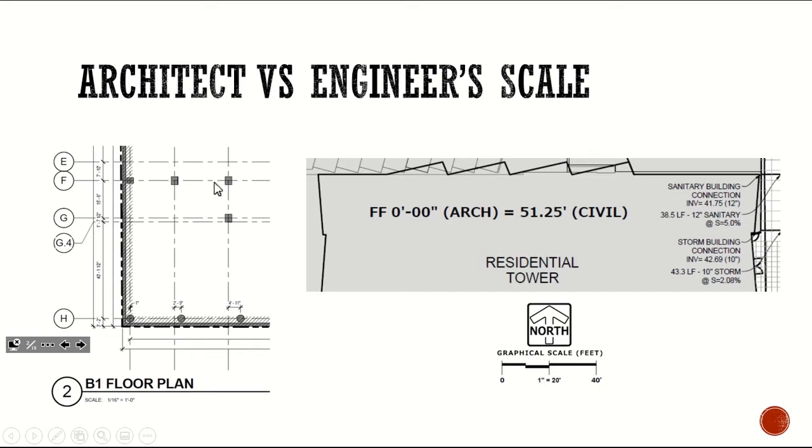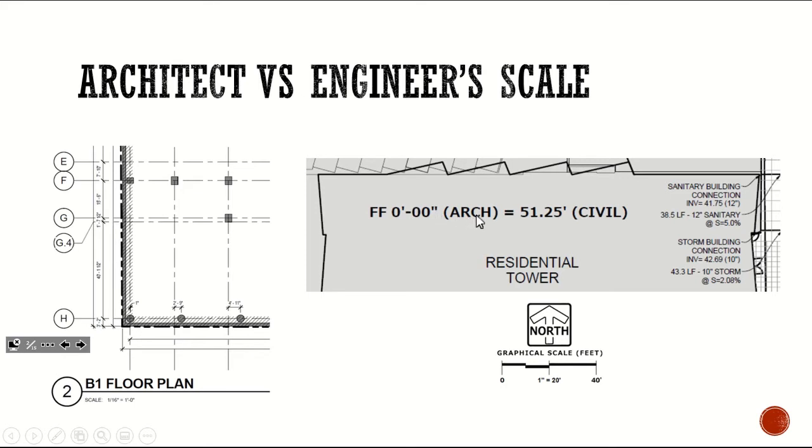Okay, architect, typically what we are in is feet and inches. Feet and inches, okay? All right, in civil, we are in decimal feet. So you gotta be able to convert back and forth, okay? So if I look at this plan here, finished floor, 0 feet dash 0 inches.